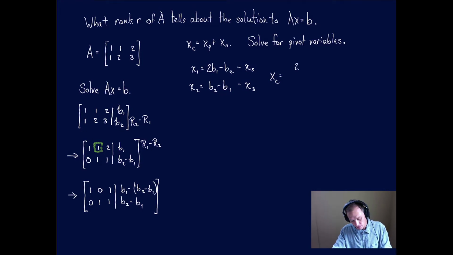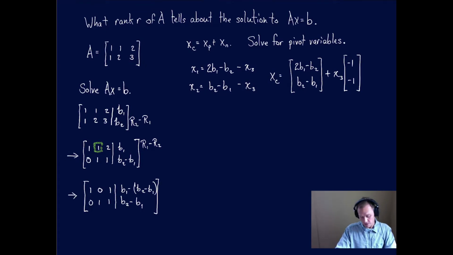Now I get 2b1 minus b2, and I come up with a b2 minus b1, plus I have an x3 as my common component on the vector of minus 1, minus 1, which would be the same as 1, 1. It doesn't really matter. So there we go.